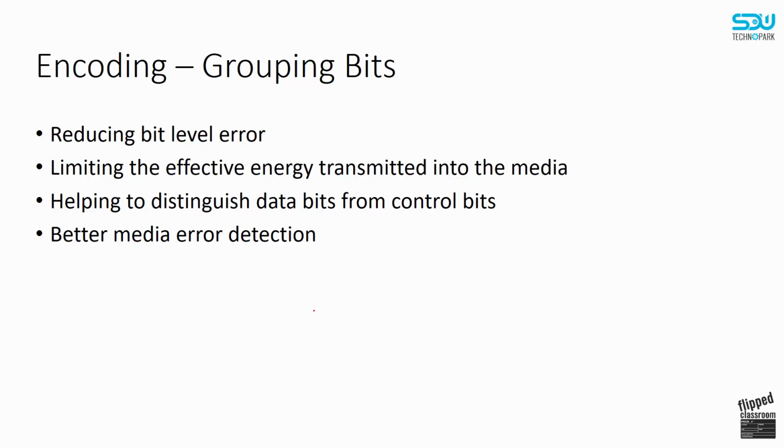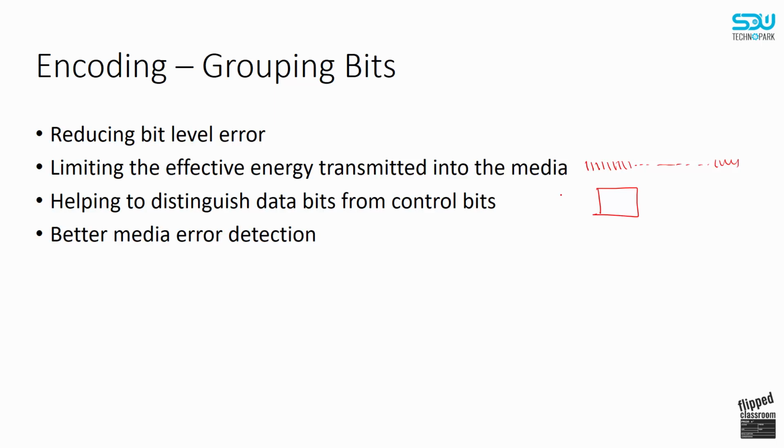Now some impacts of the encoding: reducing bit level errors and limiting the effective energy transmitted onto the media. Like in the previous example, when you have a lot of ones which you have to send, your networking interface card has to generate the signals.